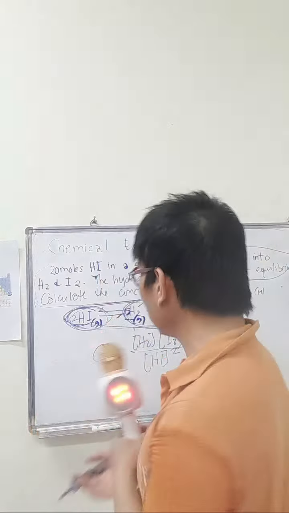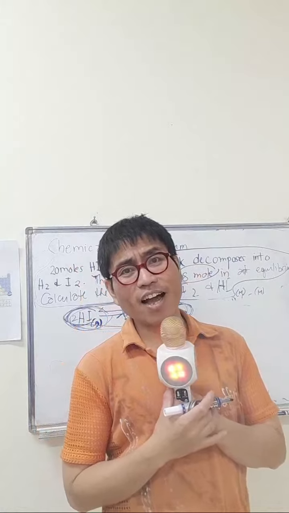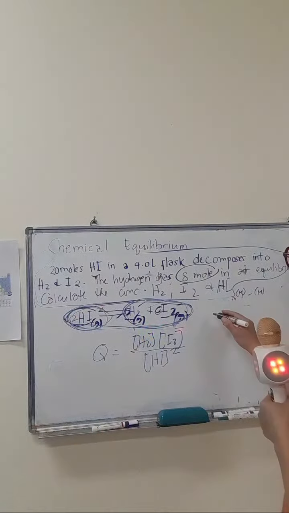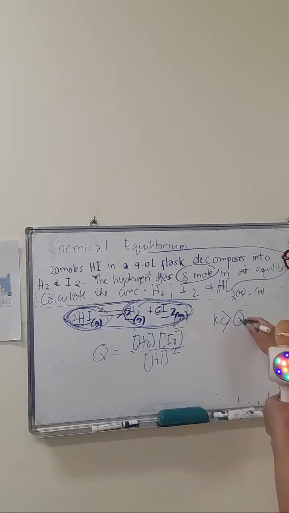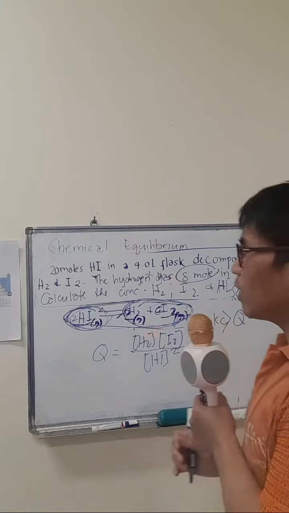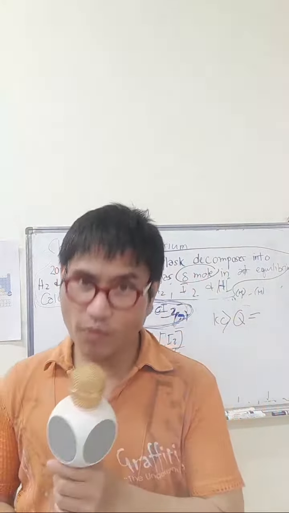And then we also have the relation of the reaction quotient and the Kc. If the Kc is greater than Q, then your reaction will shift to the reactant, or favor the reactant, or have more concentrations of the reactant.